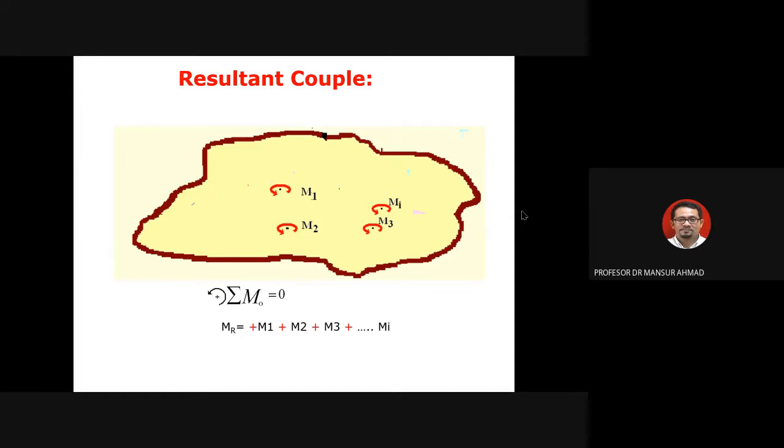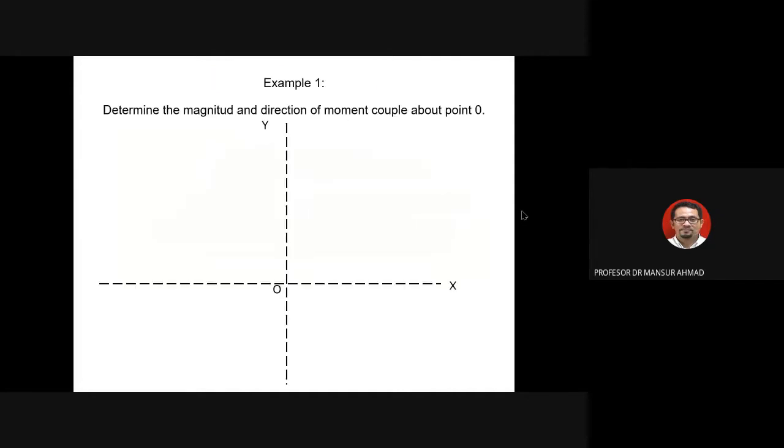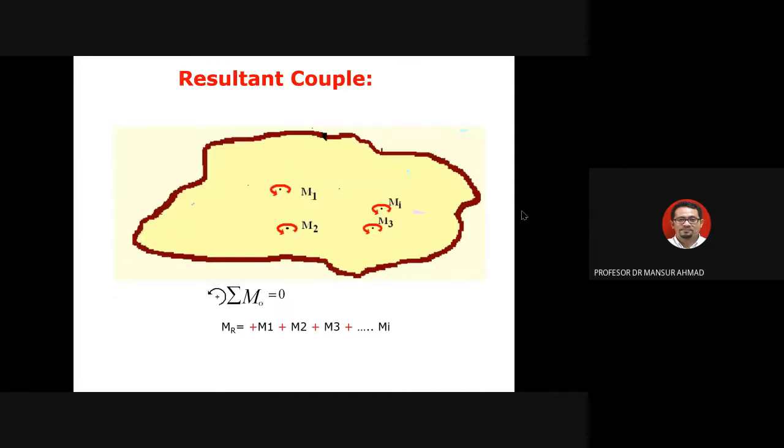The resultant moment is the same. Okay, probably for these two slides, some of you have questions, you can ask me later, because usually these two slides could be confusing. But let's look at the example.